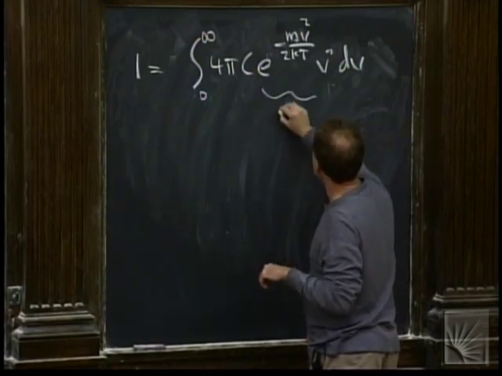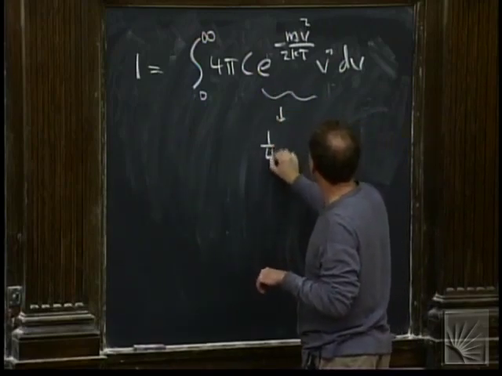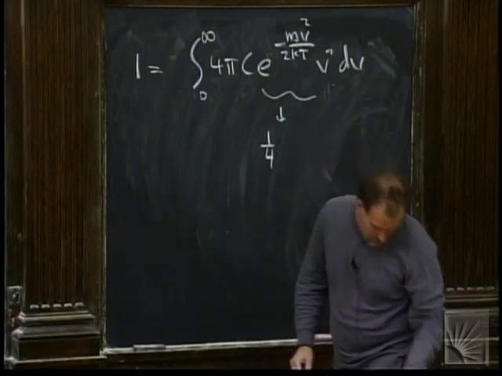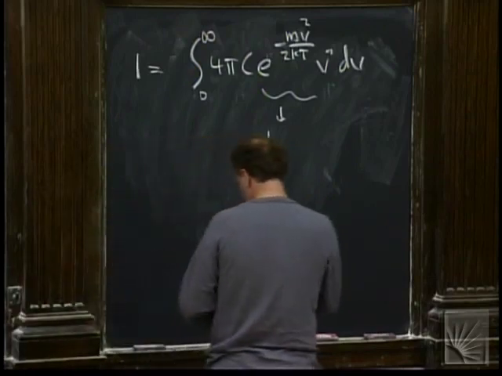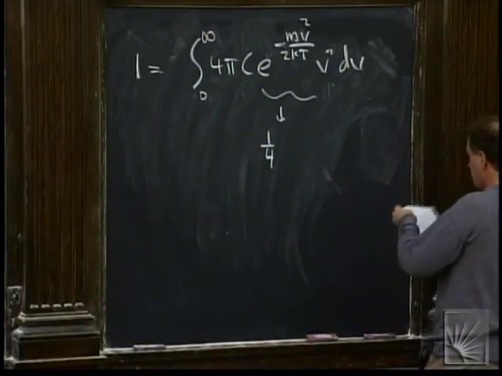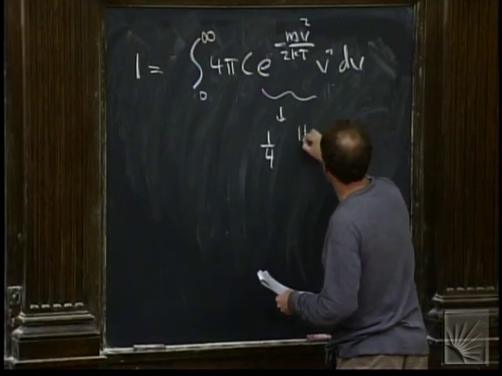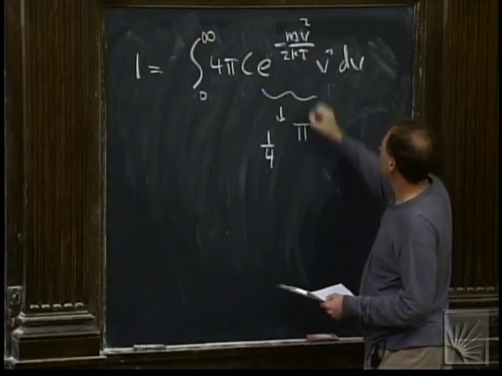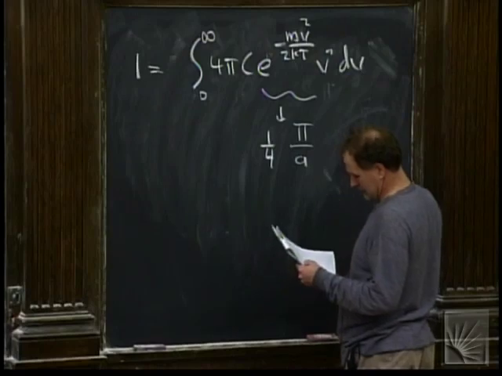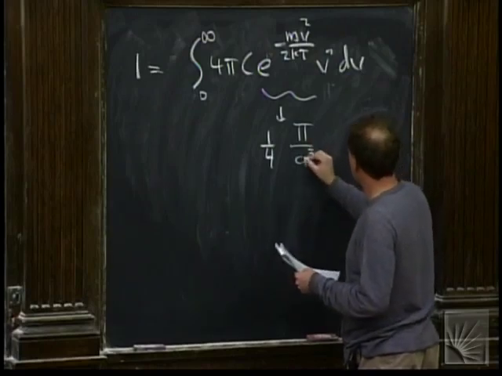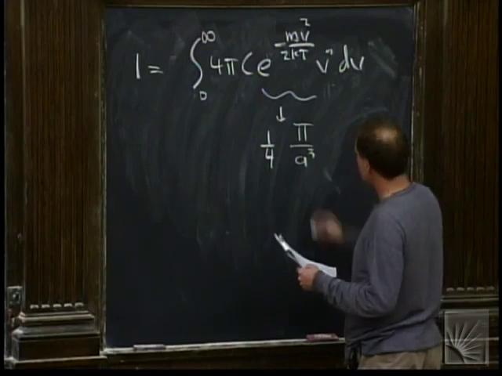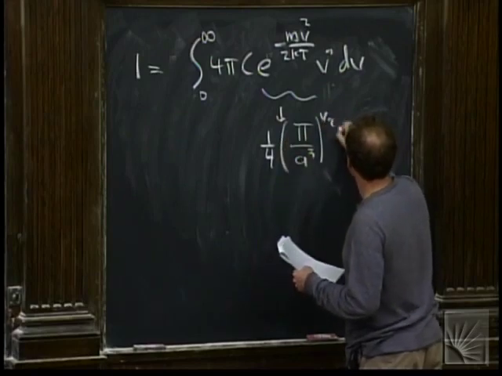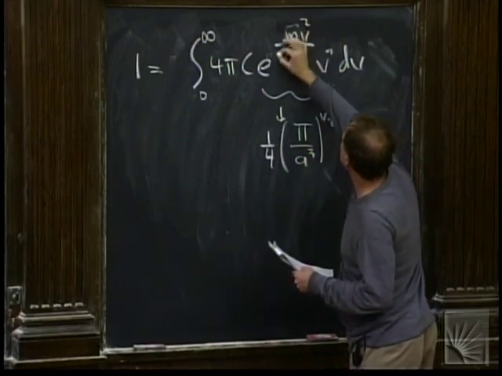This integral turns into 1/4 of the square root of pi over a, where this stuff is a.